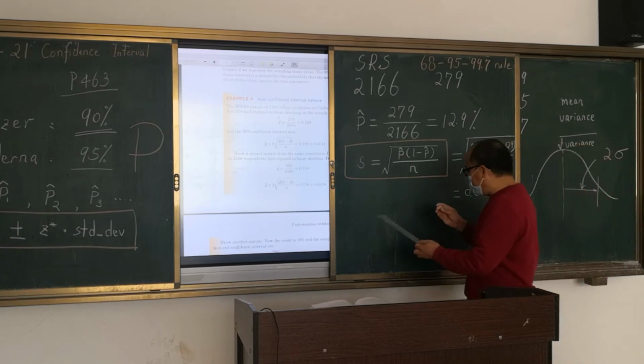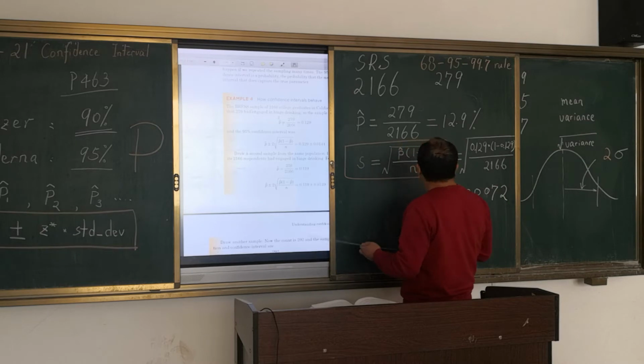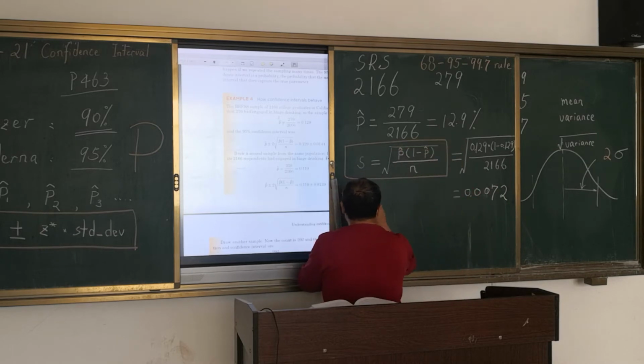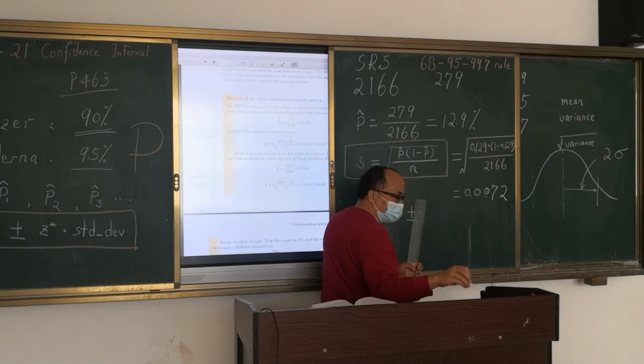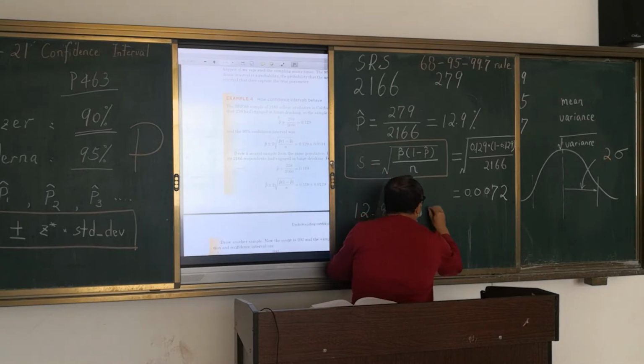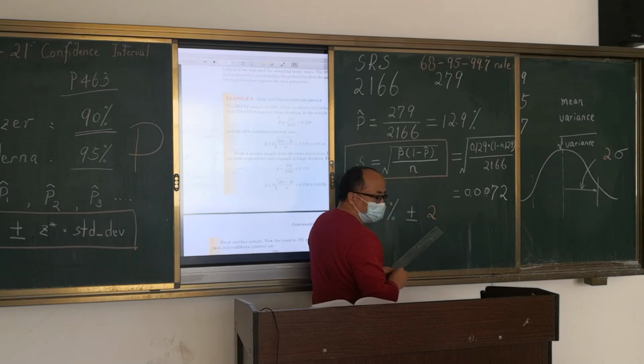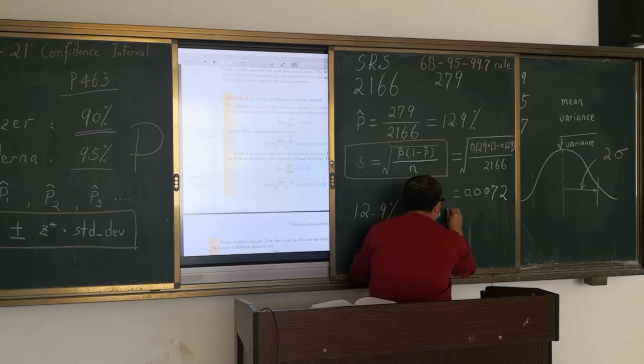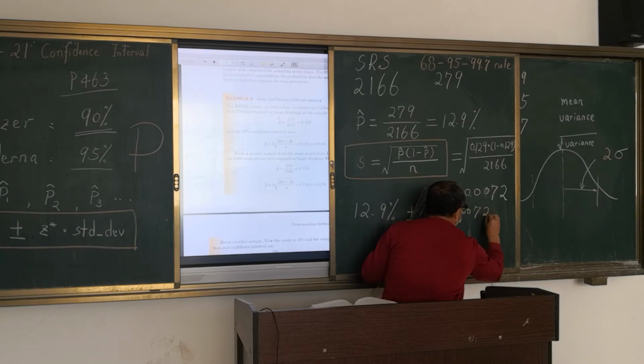So it means 12.9% plus minus 2 times this one, 0.0072.